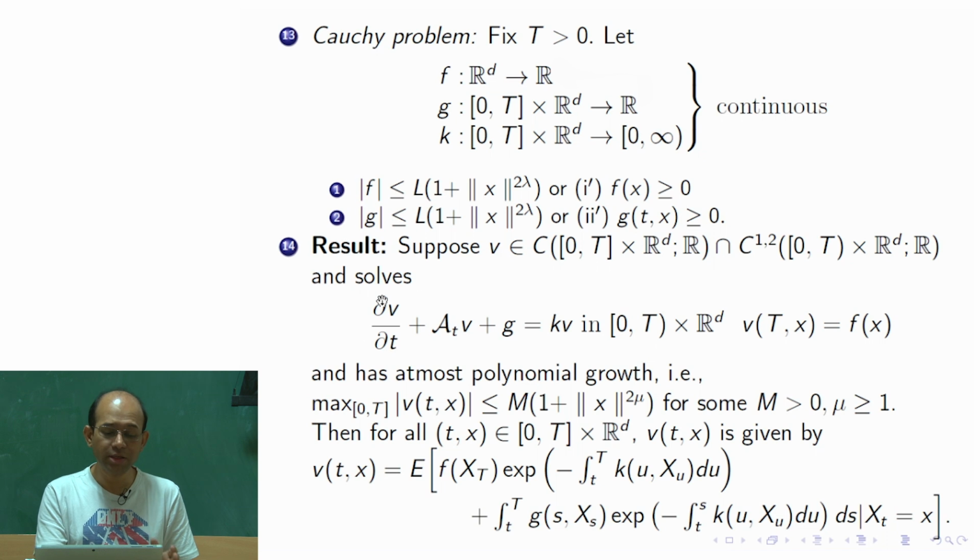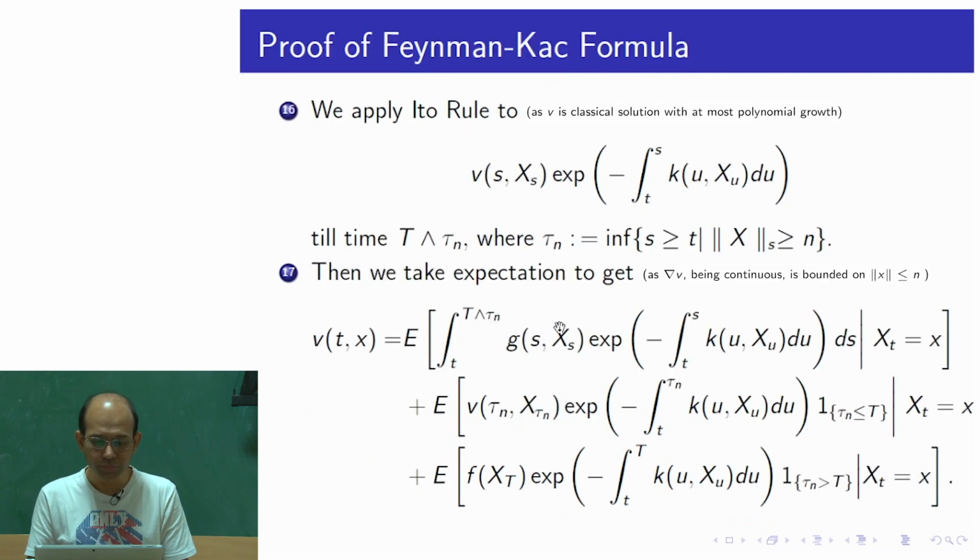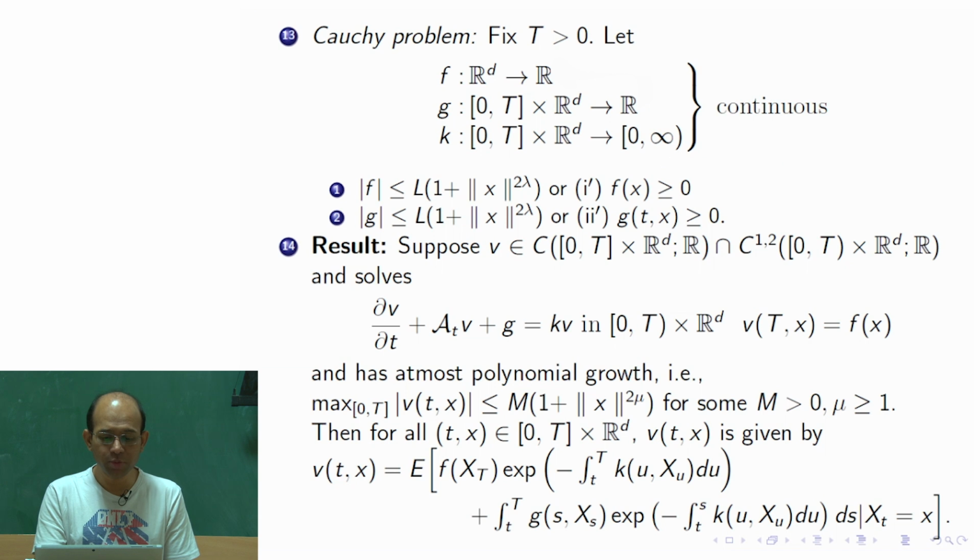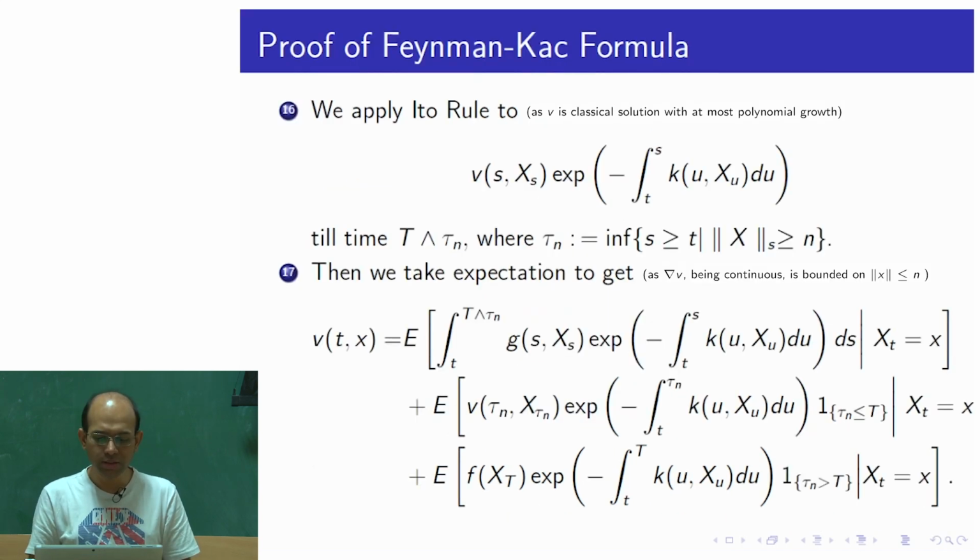But since V solves this equation, this sum would be equal to k V minus g. And since I have taken k here also, when I take the partial derivative with respect to the time variable, I would also get minus k there. So this term would be g, and this k would cancel also. So what would remain is just g.